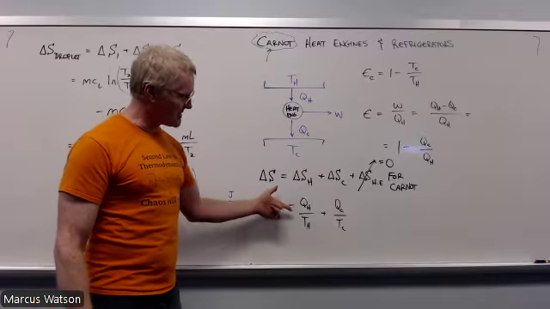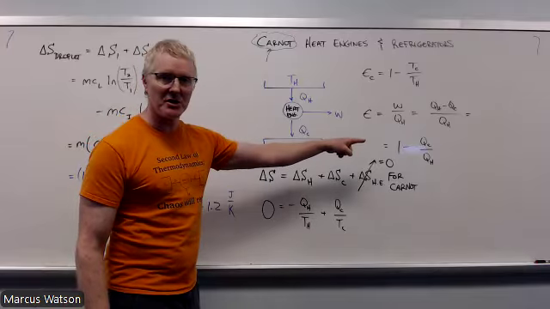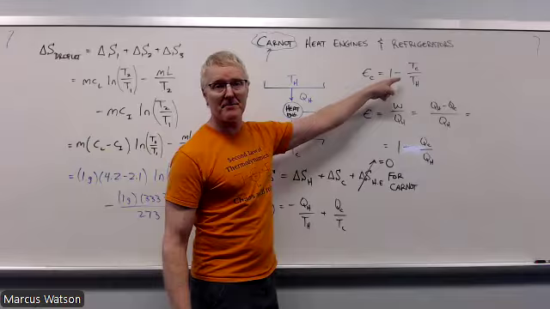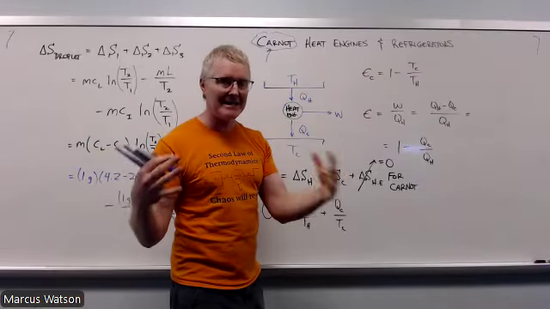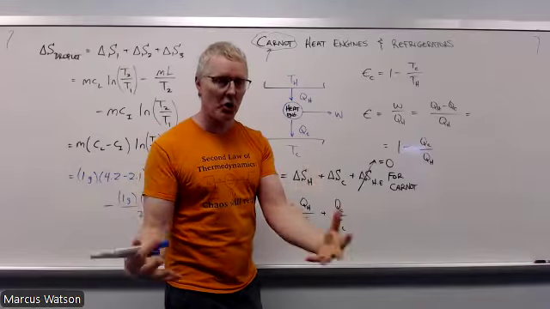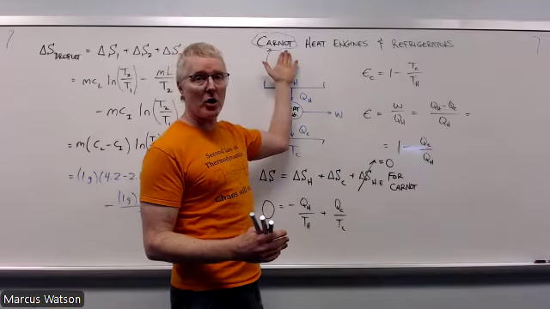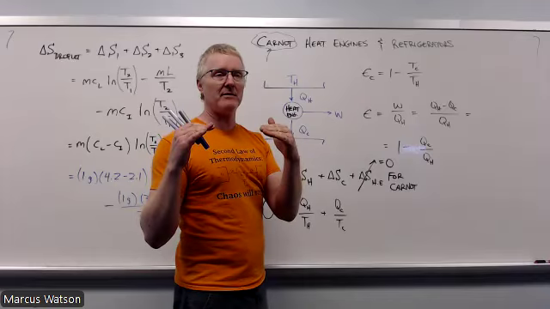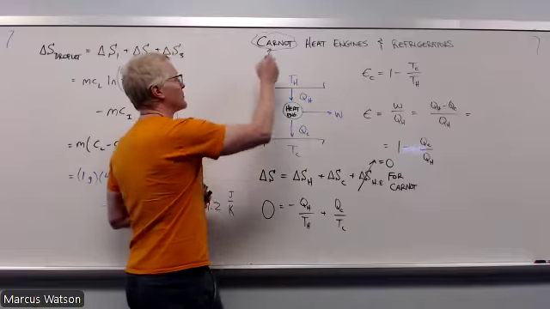And this is how you get to the idea that the heat ratio can be replaced by the temperature ratio if you are talking about something that is idealized and totally reversible. When you think about Carnot, that's what should pop into mind: idealized and totally reversible.